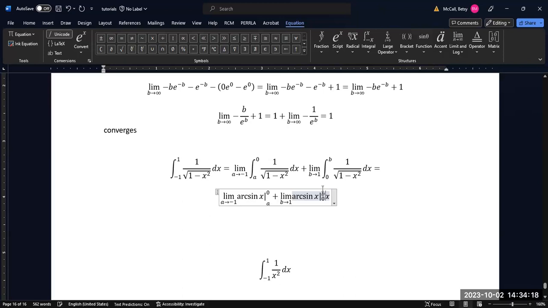Now, when you put all of these together, then you're going to end up with hopefully something that evaluates appropriately.